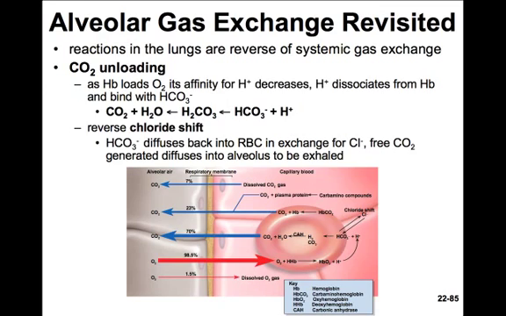This whole process allows the continued freeing up of carbon dioxide so that we can have maximal diffusion from the blood into the alveolar air. So now would be a wonderful time to get out your pencils and paper and some color and diagram this process. Take the combination of both of these figures from your text in the last couple of slides, and let's go to town and see if we can understand how this process works.